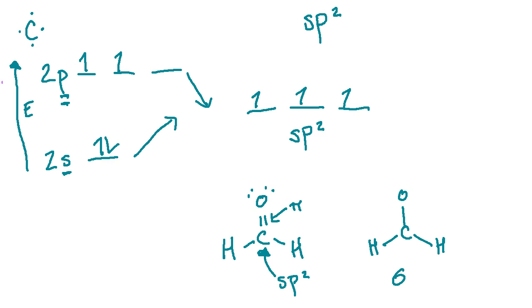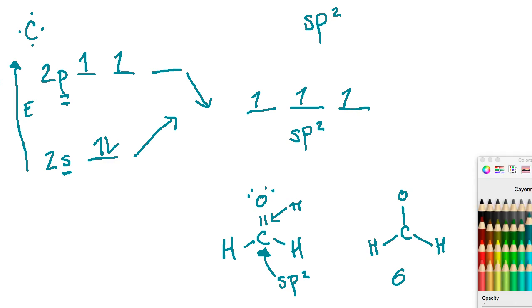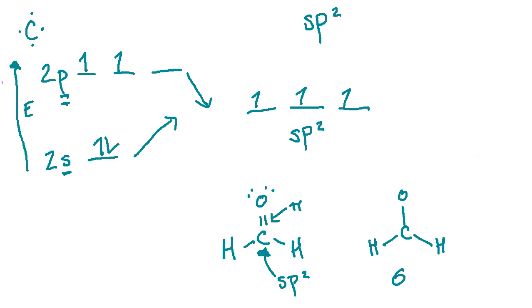So those are the sigma bonds. Now let's change color here because the remaining one is going to be the pi bond. So this right here is going to be associated with the pi electrons, right? So that means that once I redistribute here, I'm still going to have a p orbital left, and that p orbital is going to have my 4th electron, right?